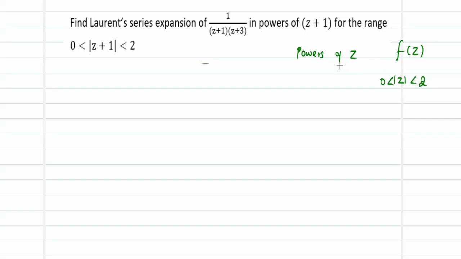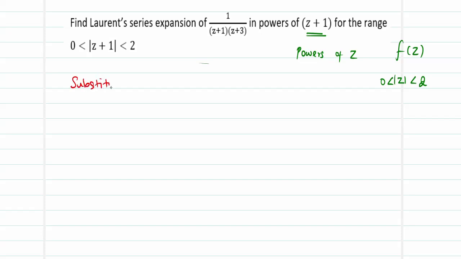But what's different over here is they are not asking us for powers of z, but they want us to express it as powers of z plus 1. So that makes the problem a little different from the one which we saw in our video number 1. So how to handle this situation? We are going to handle this by the substitution method.